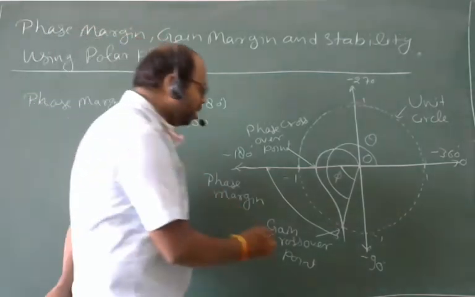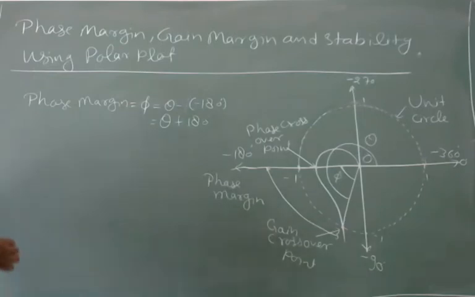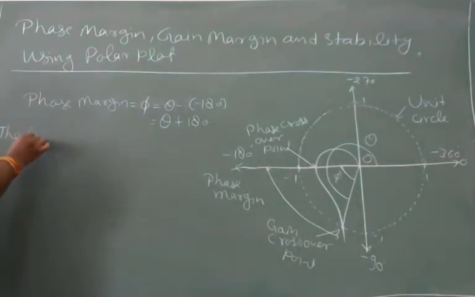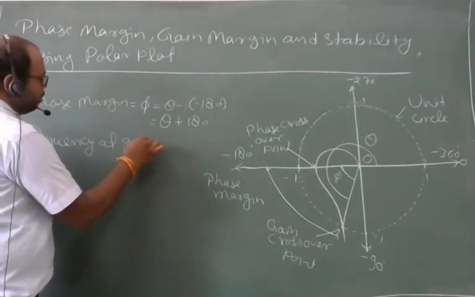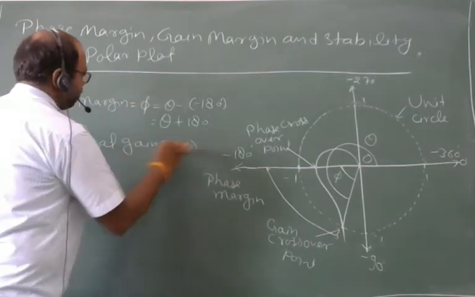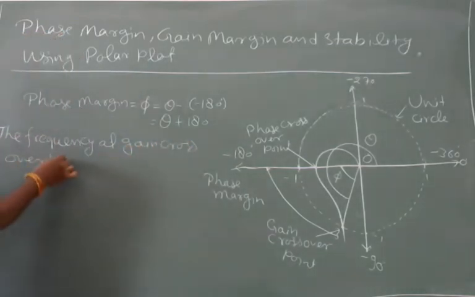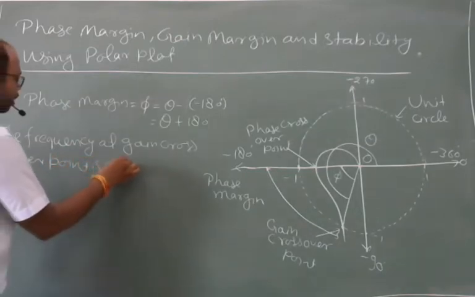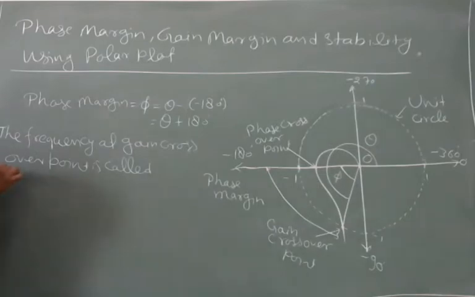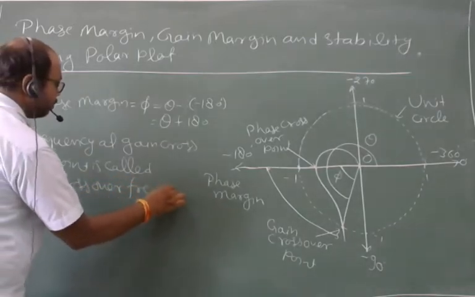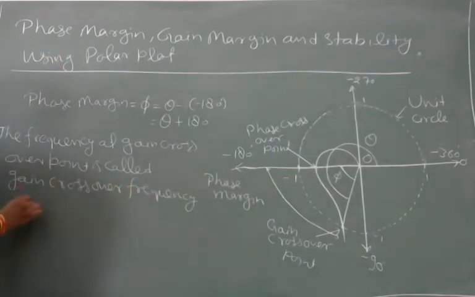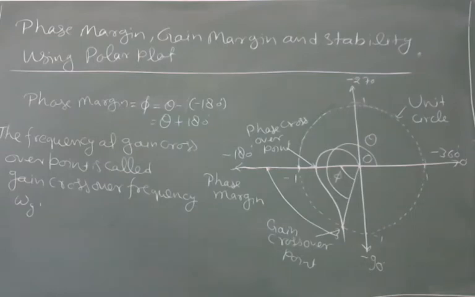And the frequency at gain crossover point is called gain crossover frequency omega g.